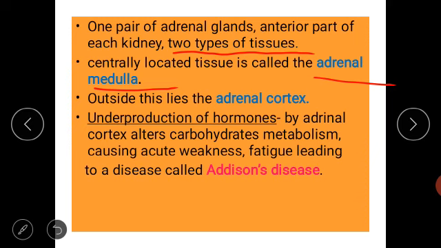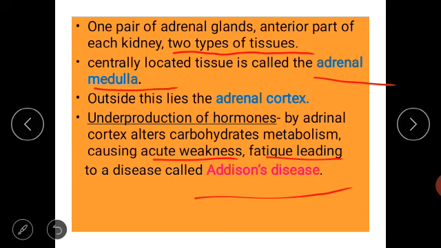So when there is an underproduction of hormones by the adrenal cortex, the outer portion of the adrenal gland, carbohydrates are not properly metabolized and broken down, so the person will not get a sufficient amount of energy because glucose is not produced, and that causes the acute weakness and fatigue, leading to Addison's disease.